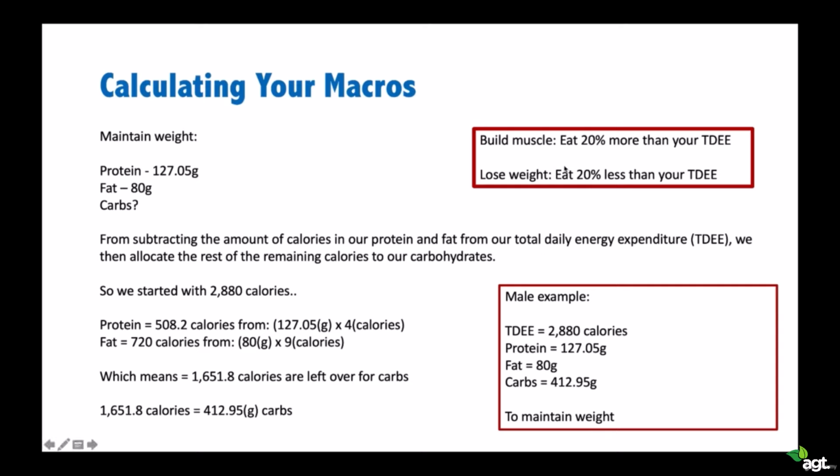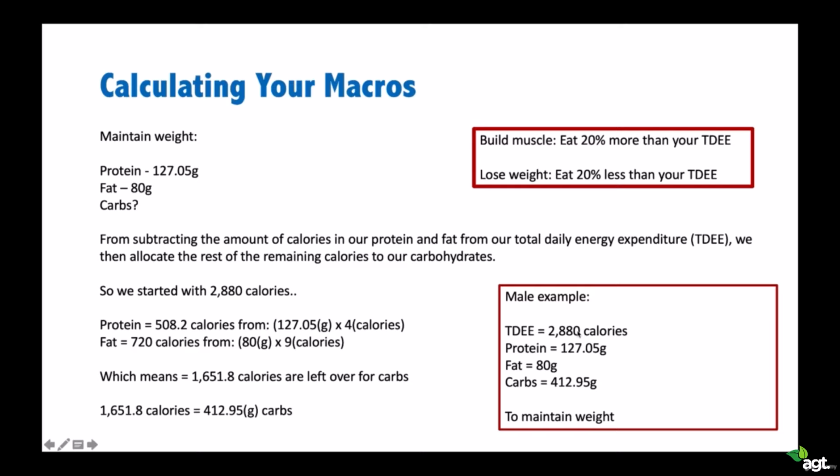But as an average rule of thumb, a rough guide to build muscle, you need to be eating 20% more than your TDEE. So for example, if I wanted to build muscle and my calorie intake to maintain weight was 2,880, I'd need to be eating 20% more than that in order to gain weight and put on muscle. 20% of 2,888, I believe, is 576.